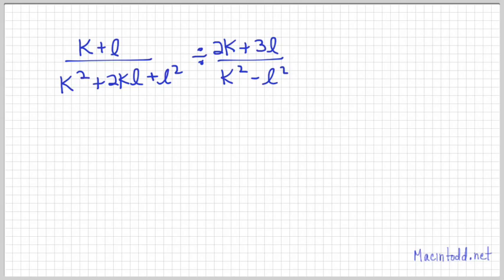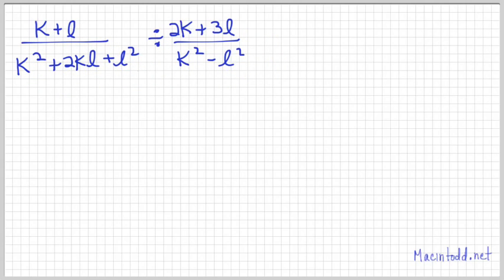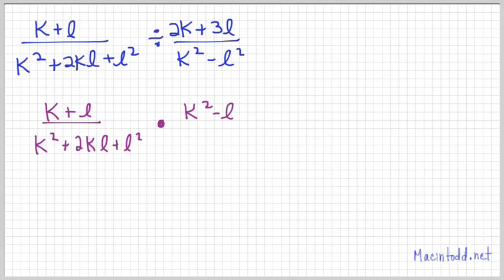And the way we deal with division is we change it to multiplication and multiply by the reciprocal. So my first step is to rewrite my first factor in this problem. I change it to multiplication, and now I flip the other fraction over. So we're multiplying by the reciprocal, if you remember that from your fraction days.